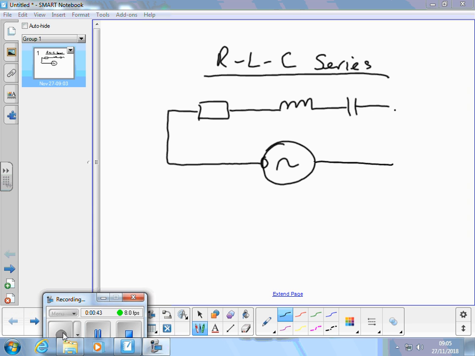Basically, let's put 24 volts, 10 ohms of resistance, 8 ohms of inductance, and 6 ohms worth of capacitance.